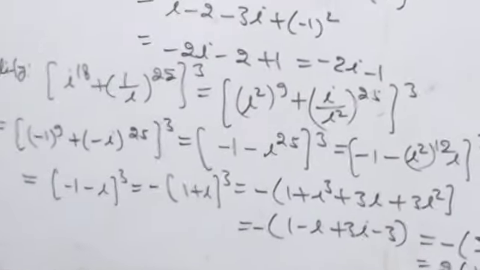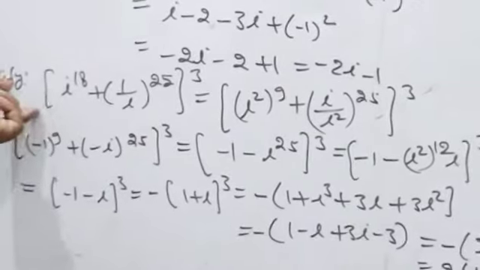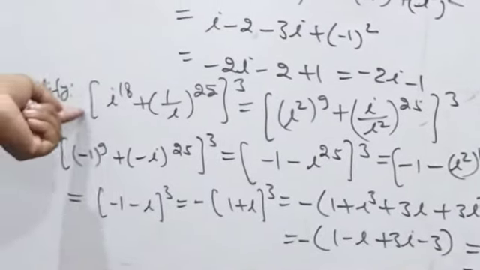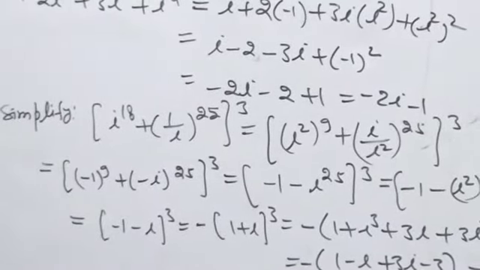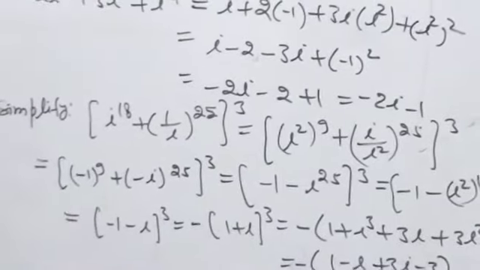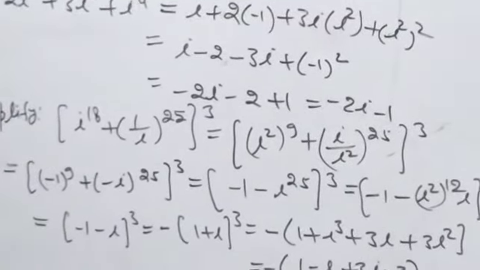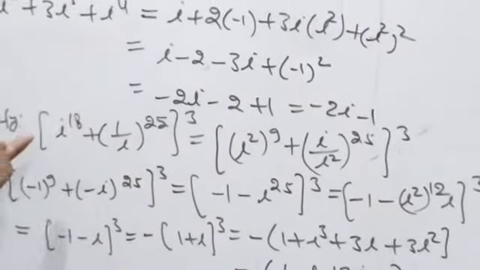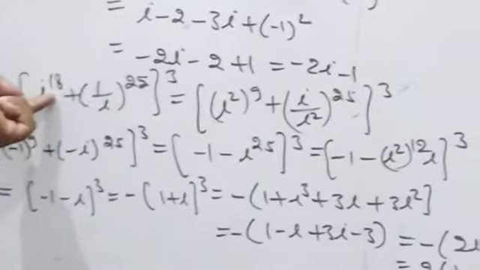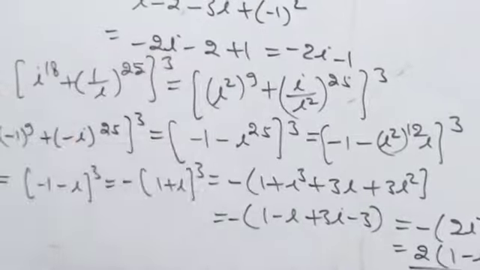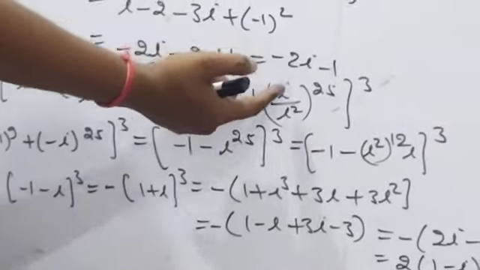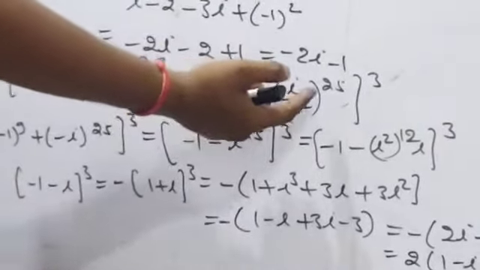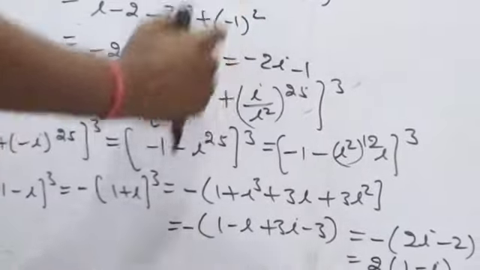First of all, the given question we have to break into i square power something. After that, according to the formula, according to the rule, we have to change into another form. So i power 18 is equal to (i square) power 9, plus 1 by (i square) power 12 into i, whole cube.